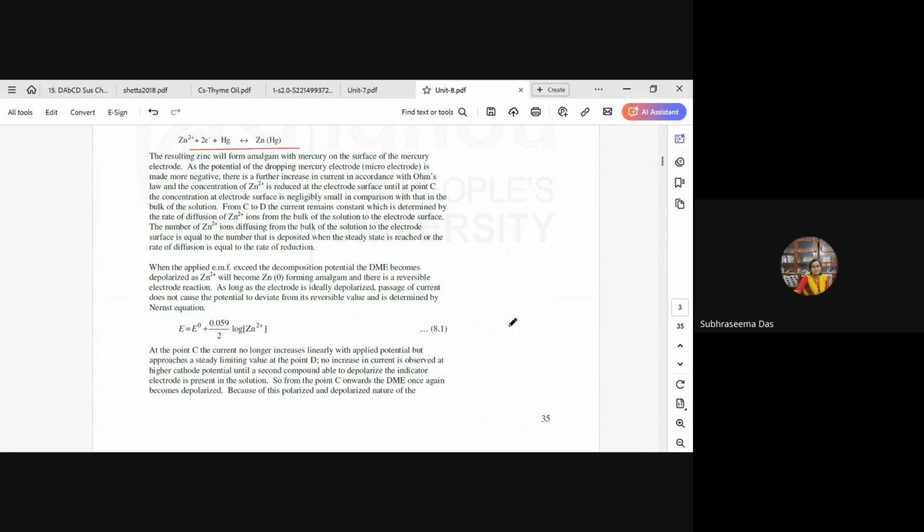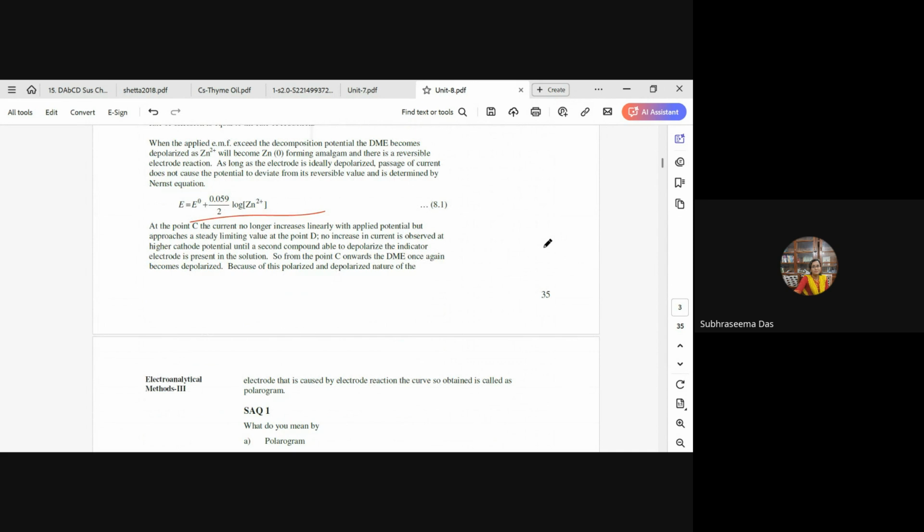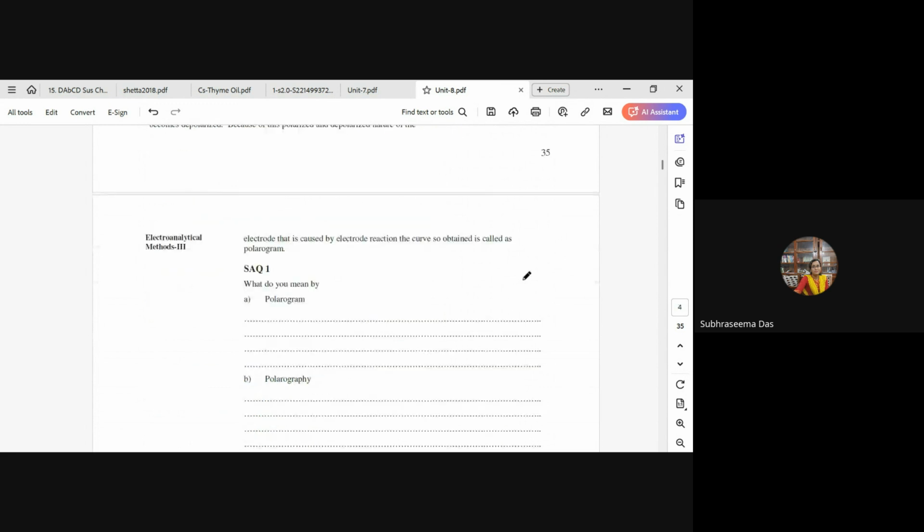As long as the electrode is ideally depolarized, the passage of current does not cause the potential to deviate from its reversible value, which is determined from the Nernst equation given in equation 8.1. The plot obtained is called a polarogram.